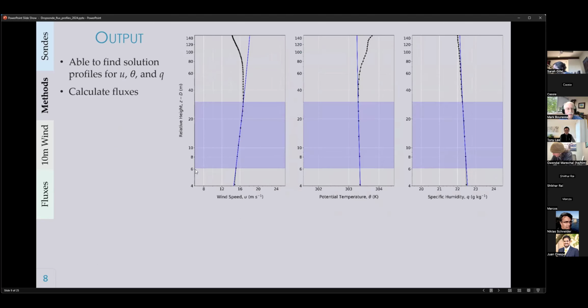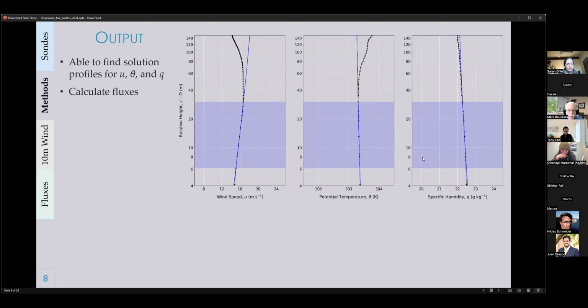And this is what you get where the scale on the bottom is wind speed, potential temperature, and humidity. And then in the vertical on all the plots, we have z minus d, and it's on a log scale. So this should be linear in this coordinate system where we have a log layer. So it's fairly easy to plot things up like this, play around with different values of d, mainly from solving for it, and see whether it makes sense.